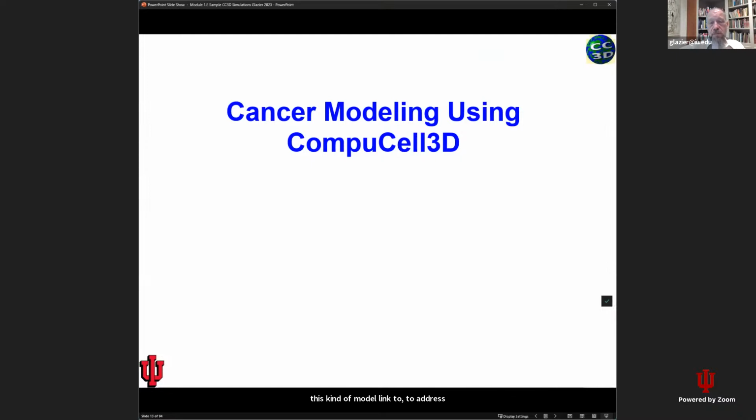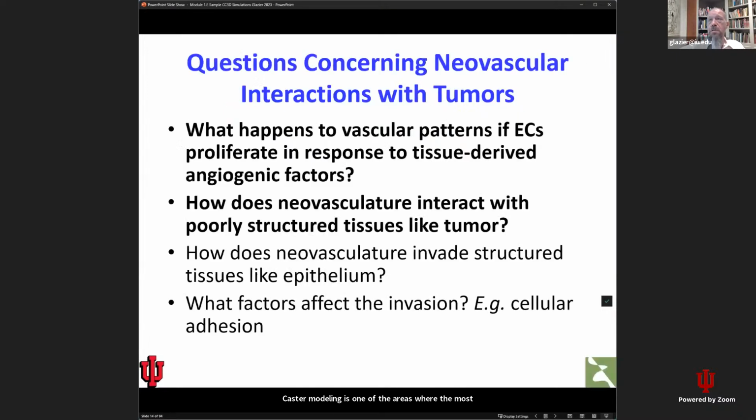Cancer modeling is one of the areas where the most has been done with multicellular virtual tissues. CompuCell is used, as well as PhysiCell and many other packages, to do this. One of the old simulations, which you've seen many times in the cover stories here of these slide decks, is trying to understand the interactions of blood vessels with tumors. We know that the tumors require nutrients and oxygen.